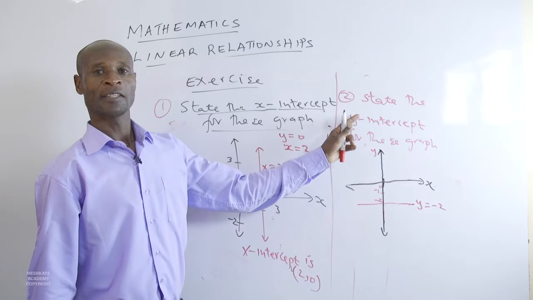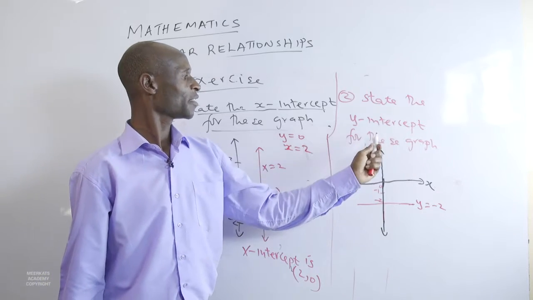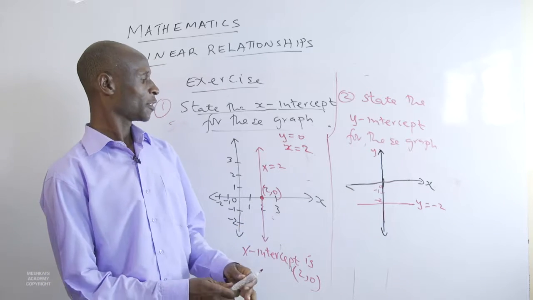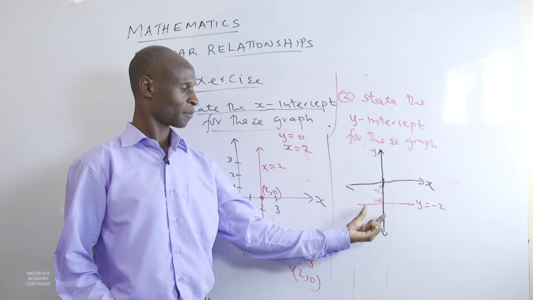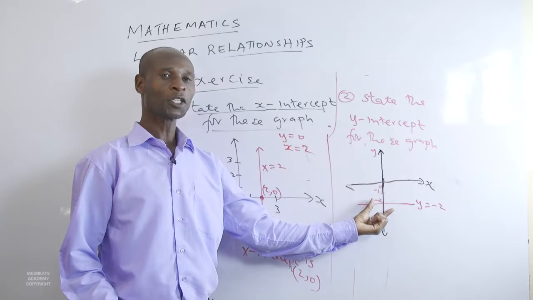Let us now look at the second question, which says, state the y-intercept for the graph. So you need to study the graph very carefully. This graph is horizontal.